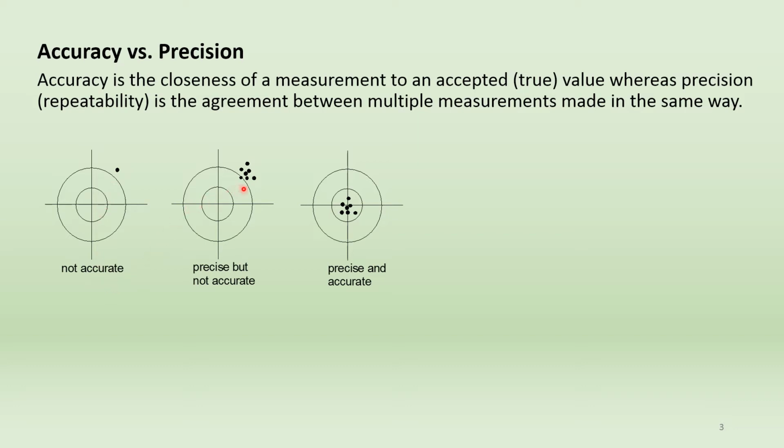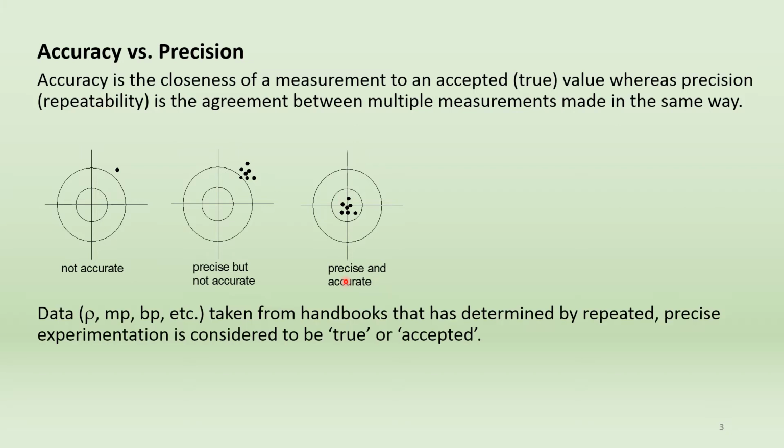And if we've done replicate analyses that are close together, we could say those analyses are precise, but they're still not accurate. In the final case, we have replicate analyses that are close together, and therefore these analyses are precise, and furthermore, they're close to the target, and therefore they are also accurate.